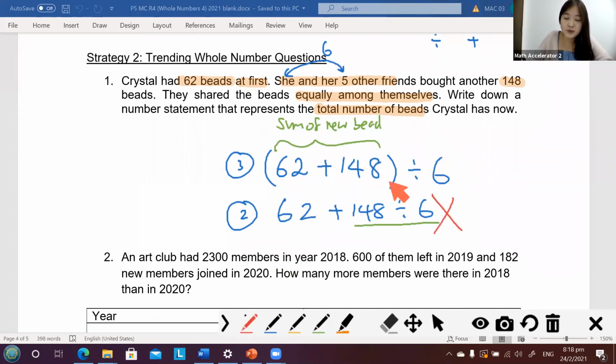So you have to put the bracket on to show that you are going to add them up first, then you divide by 6. If it's option 3, your steps would be 62 plus 148, get an answer, then you divide by 6, which is correct.